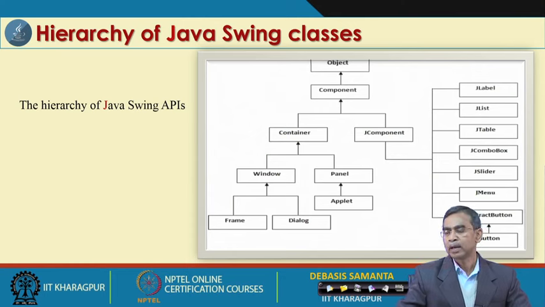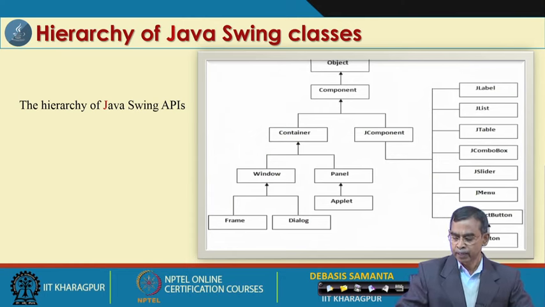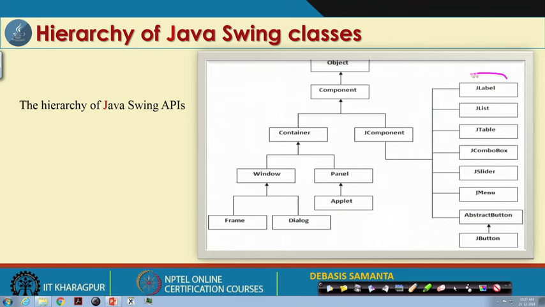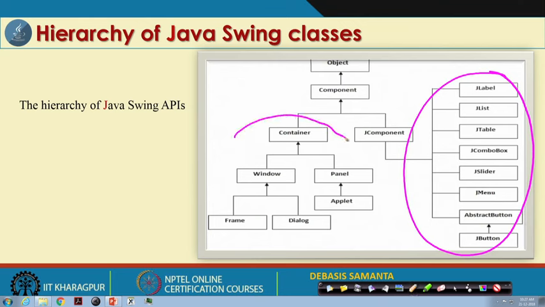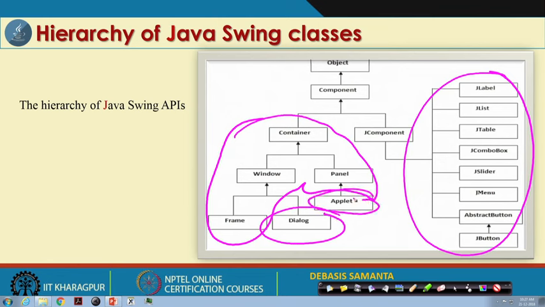JComponent is related to the component, very much the same as the AWT components, and in addition there is a container. The container has a panel, a frame and so on, and a dialog is there, and a container may also be an applet. That is the basic idea, and these are called the Swing components.